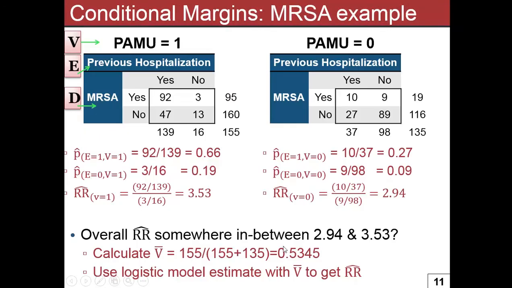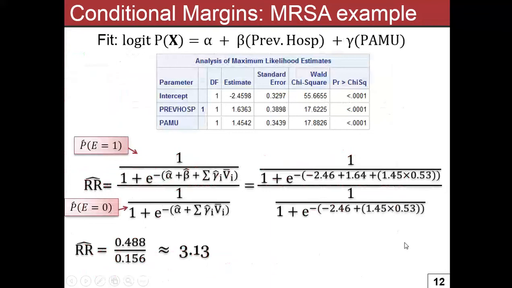3.13. That's pretty cool, right? It's between 2.94 and 3.53. So just by running this model and computing the average value of the V variable, you can get an estimate of the risk ratio. Okay? So this wasn't that much work, right? It's a little more work than e to the beta, but not horrible.